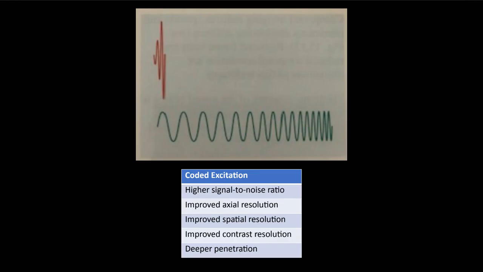So here is just an example of coded excitation. As we said, with this process, we're kind of spreading out that peak intensity over a range or over a longer period. And it's going to result in a higher signal to noise ratio. So we're getting rid of all of that contamination. We're going to have better axial, spatial, contrast resolution.